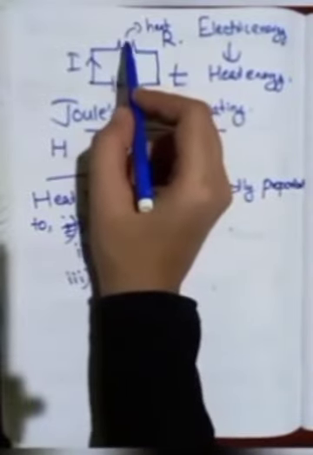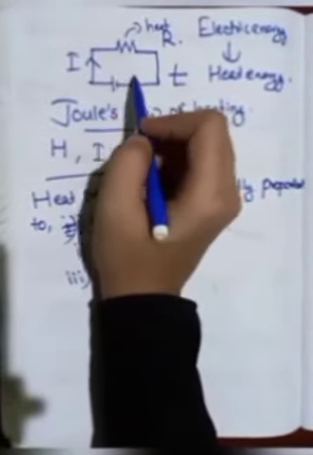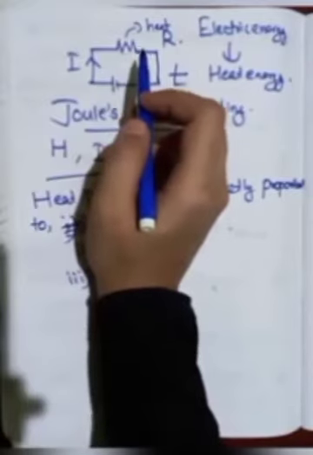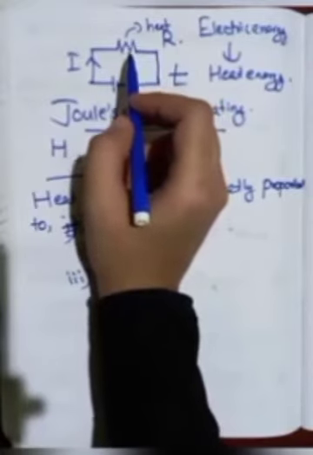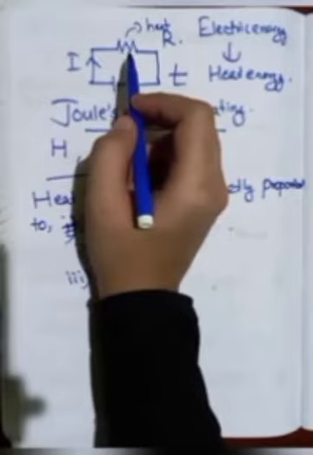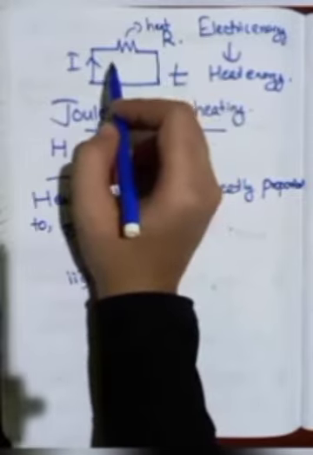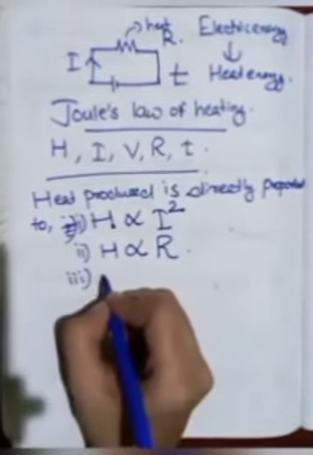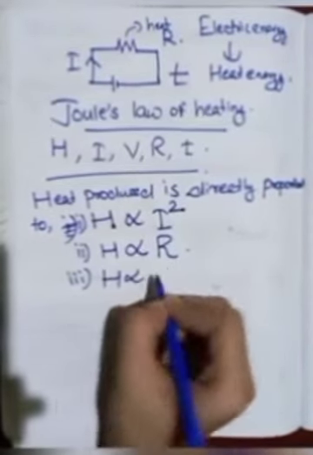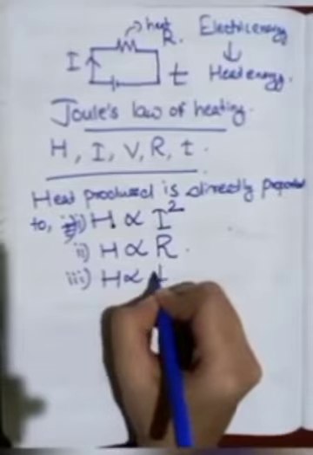The time the current takes to flow through the resistor, that is the time here. That is, heat produced is directly proportional to the time.